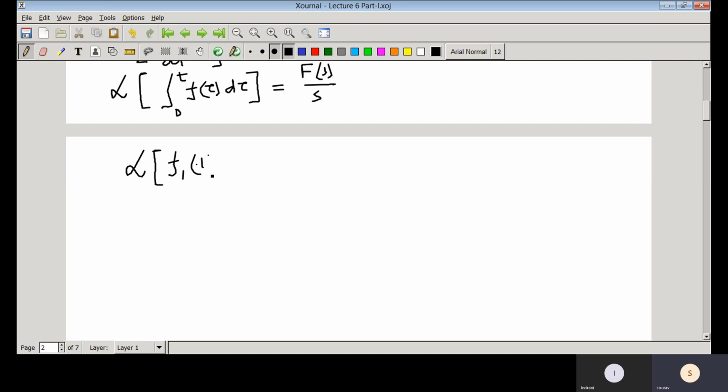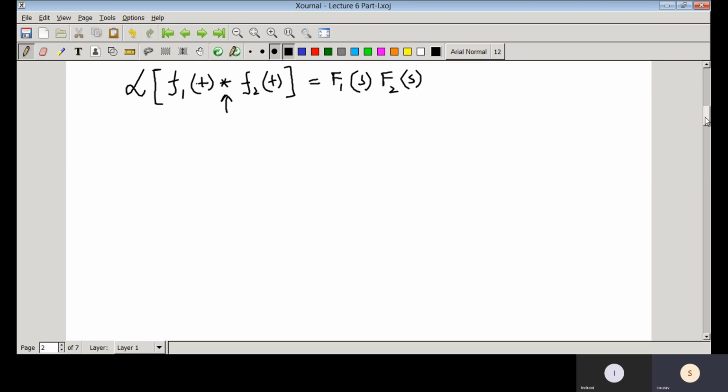So here f1(t) is a function or signal and f2(t) is another signal, and this star is convolution. Then that would be F1(s) into F2(s), where F1(s) is the Laplace transform of f1(t) and F2(s) is the Laplace transform of f2(t).